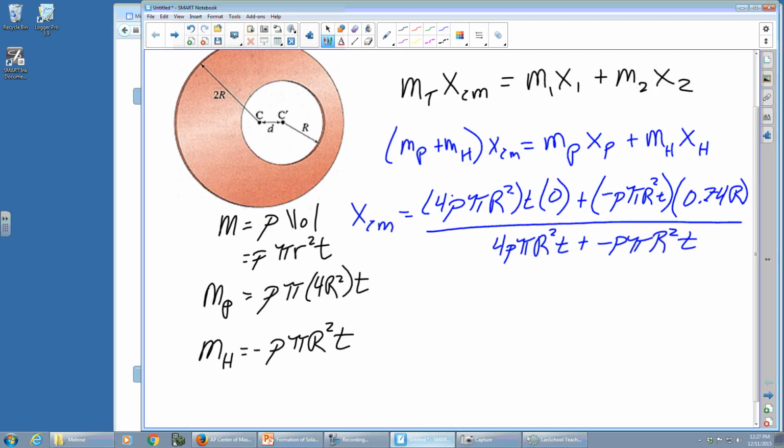That 0.74R is the distance from C to C prime. You said 0.8, but maybe yours is 0.8.